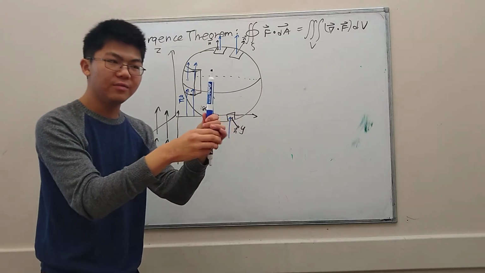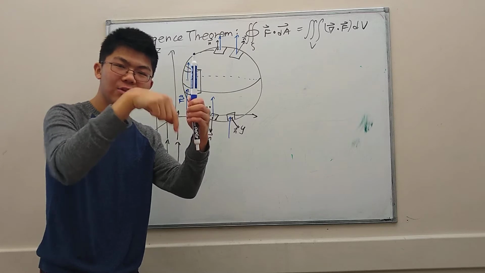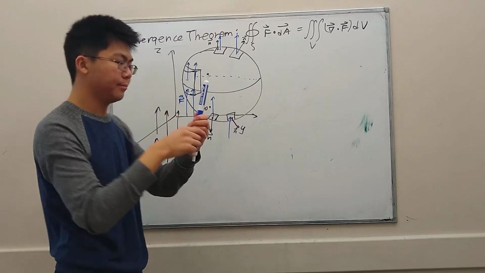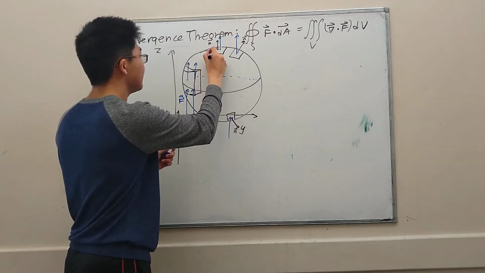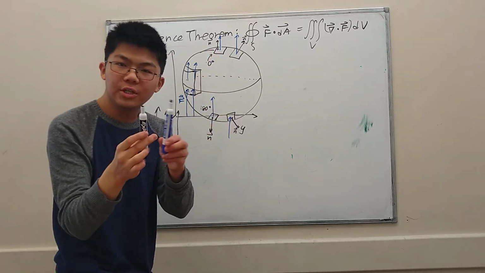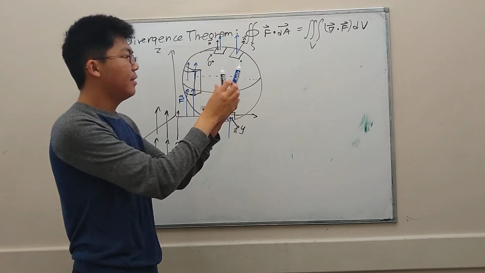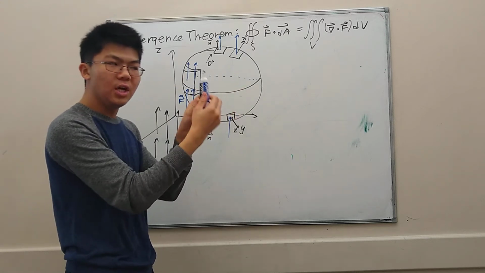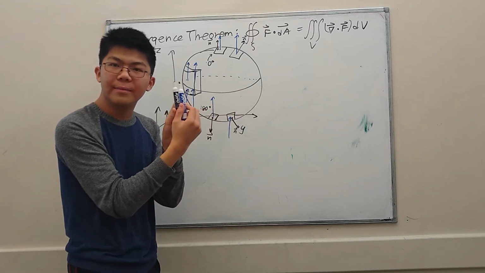So the field vector blue points upward and the normal vector points downward. In this case, the angle between the two vectors on top, they're in the same direction. So the angle between them is 0.